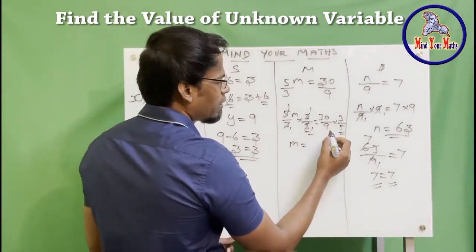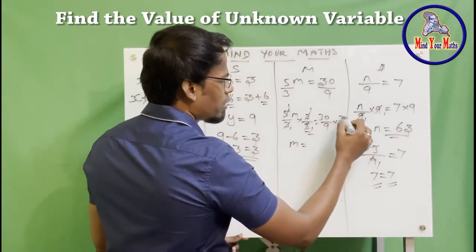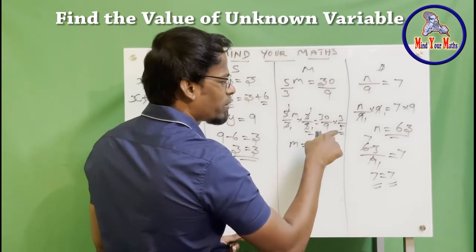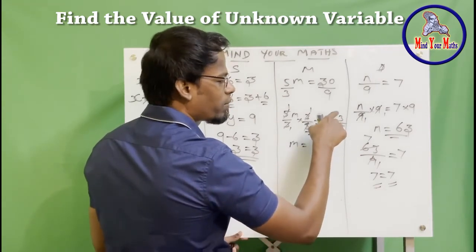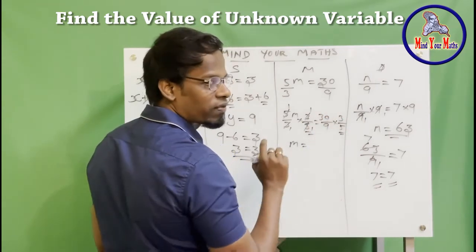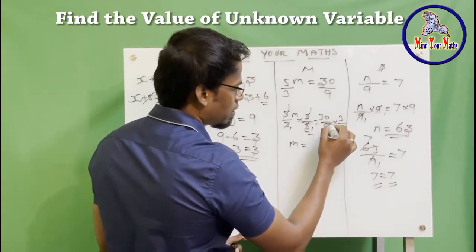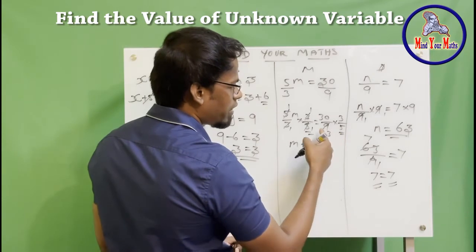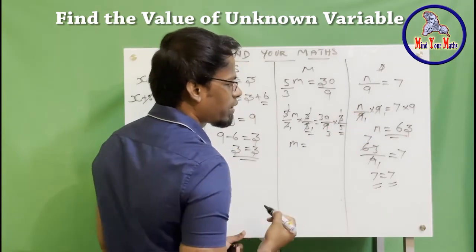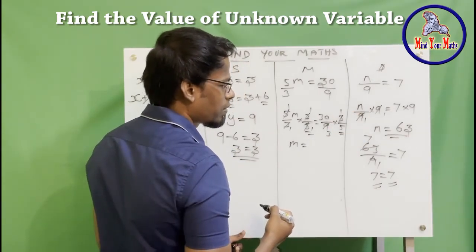On the right side, you have to pick up one value from the denominator and one from the numerator on either of these numbers. So let's pick up 9. 3 times 3 is 9, and then here 1 times 3 is 3. Right?